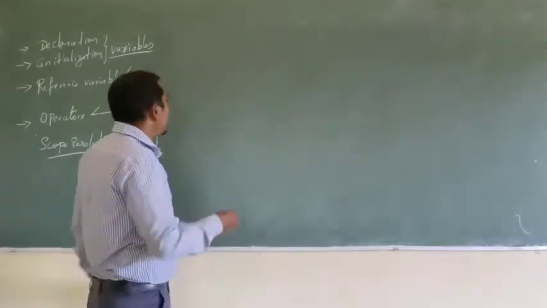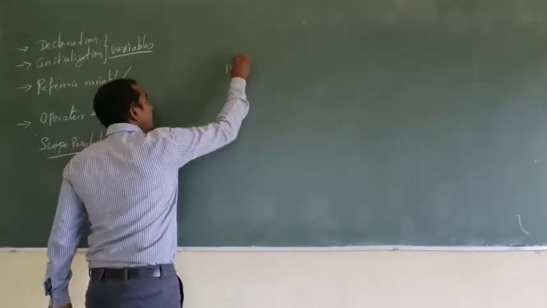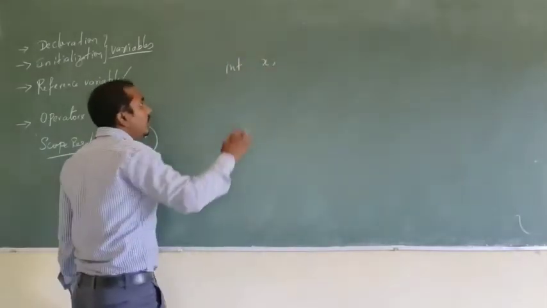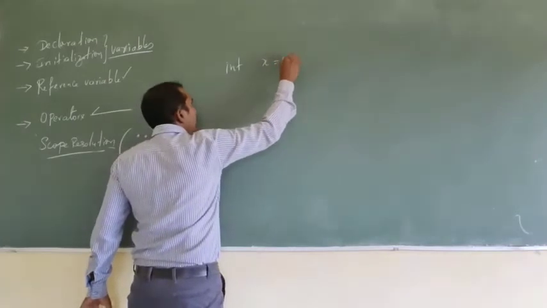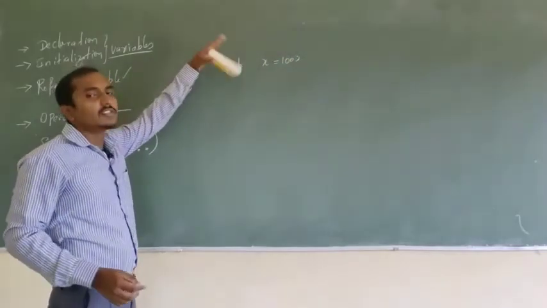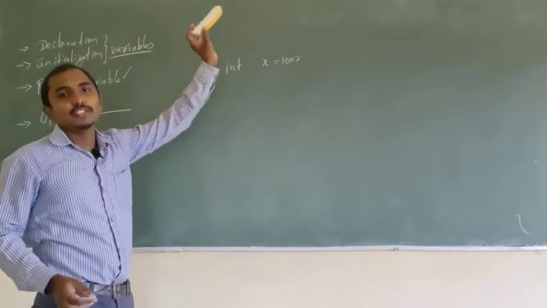For example, I define a variable, integer x, and assign some value, say 100. Consider we have written the header file hash include iostream.h.